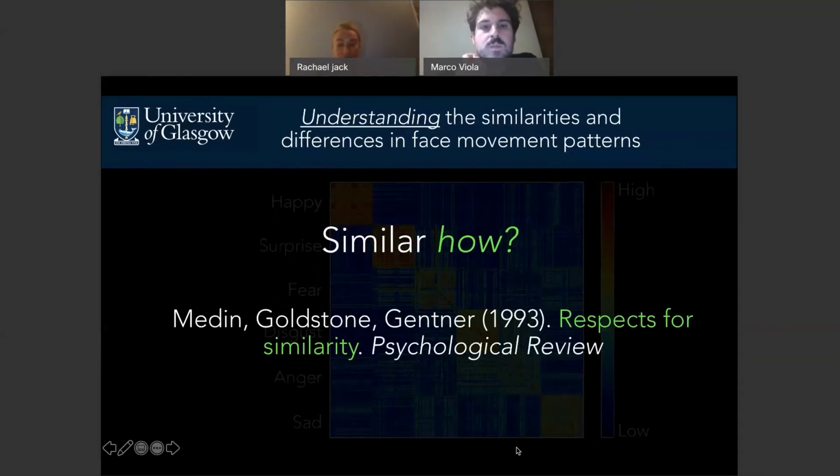There's lots of ways something can be similar, lots of ways things can be different, but we want to know how are they similar? How are they different? And so the methods that we use, both at the modelling stage and at the analysis of the modelling stage, allow us to specifically isolate what is similar, what is different.